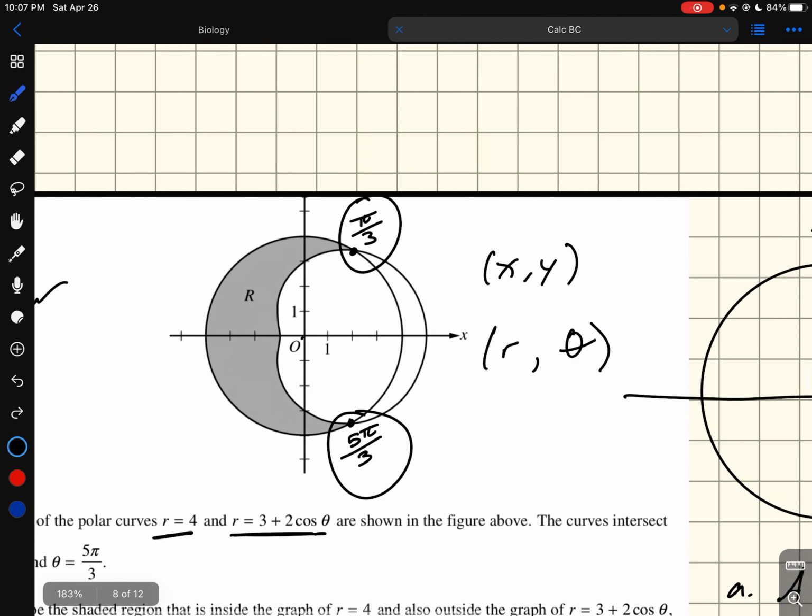So what this area is, this circle. Let me use a different color. And let me erase this. So it's this outside circle, and then we're subtracting this space from it.